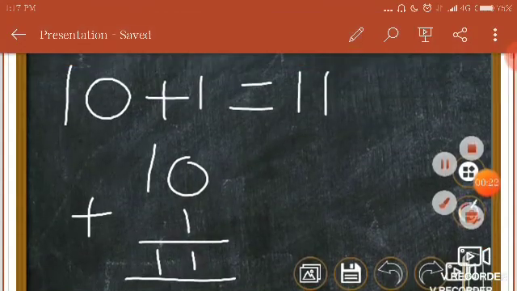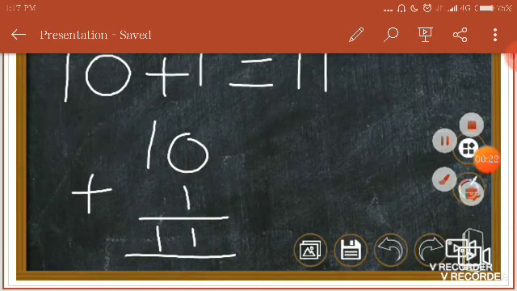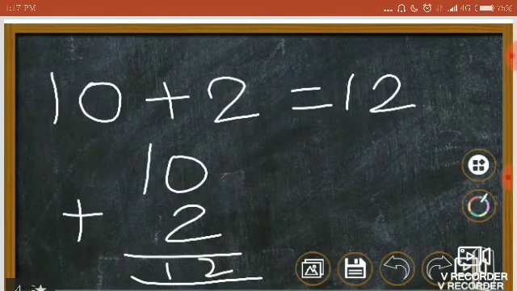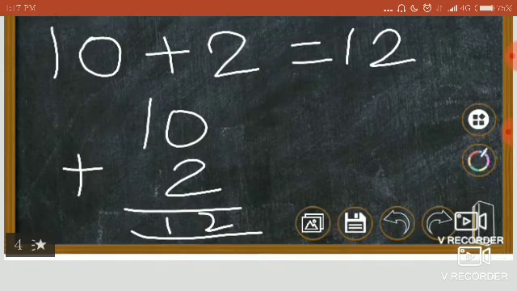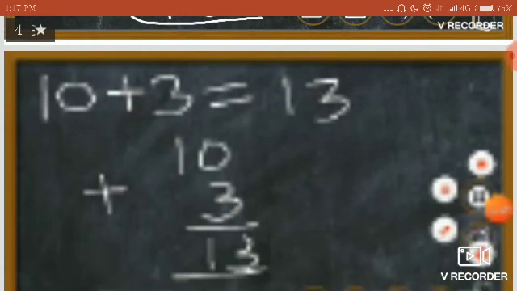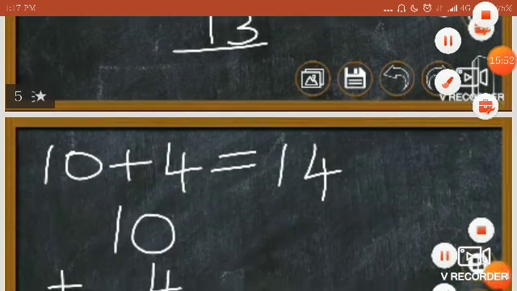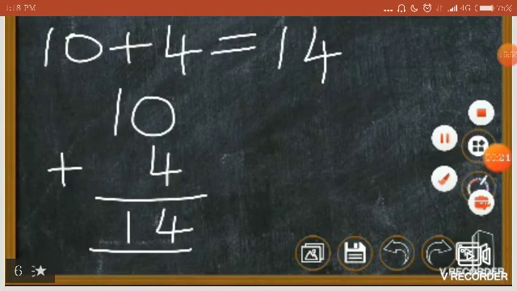This first sum is 10 plus 1 is 11. This is in page number 63. 10 plus 2 is 12. 10 plus 3 is 13. Next sum, 10 plus 4 is 14.